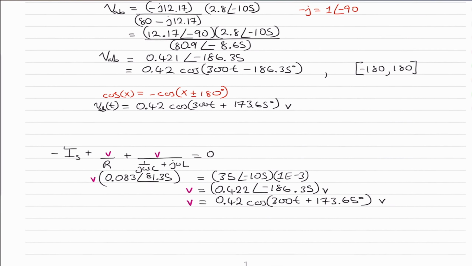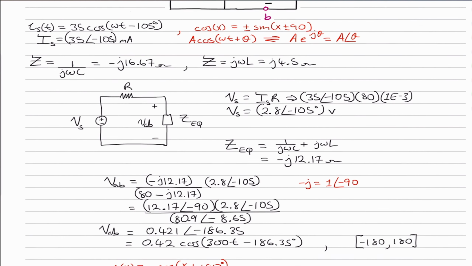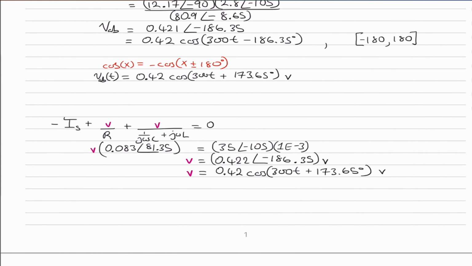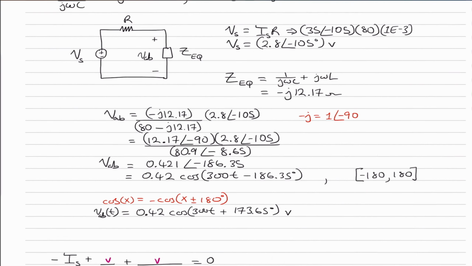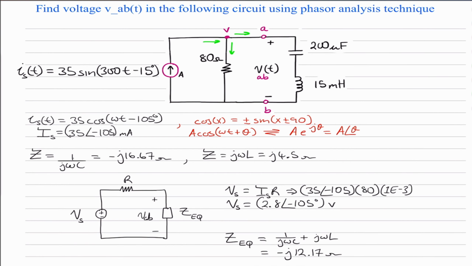So there are two methods. One's a lot simpler, and based on what we did, by finding the voltage at that node, we found the voltage across the two components because those components are in parallel with the 80 ohm resistor.